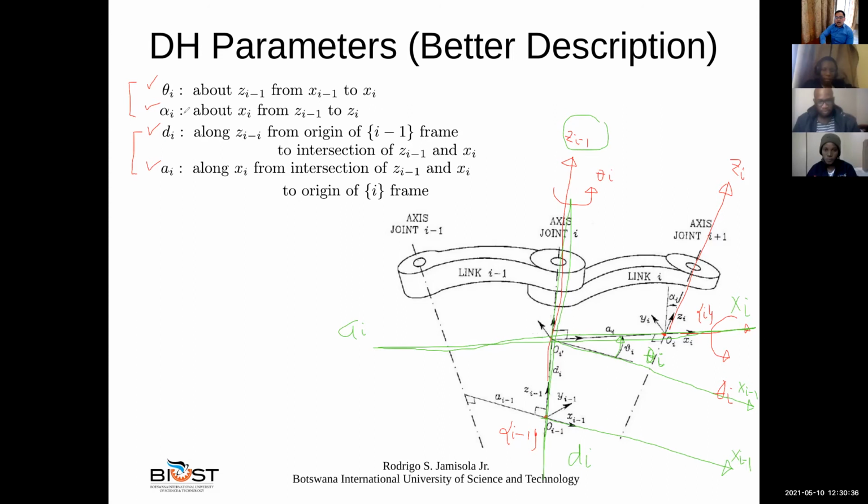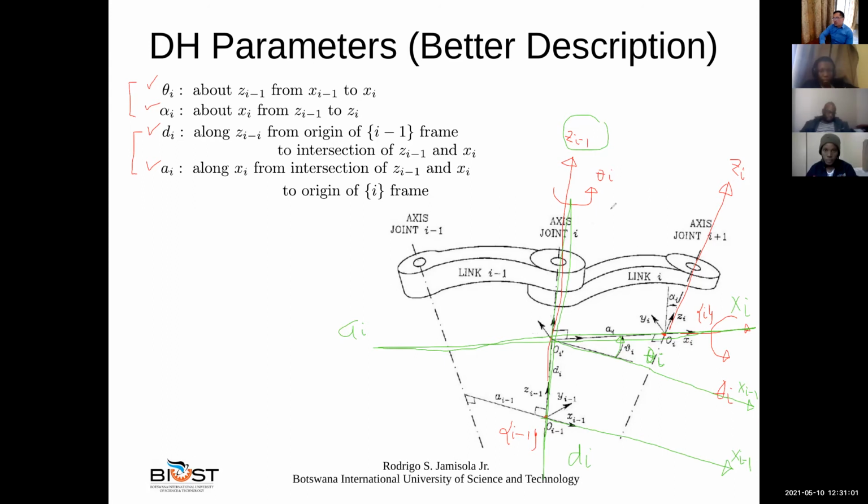Next, alpha i. Alpha i is about xi. So again, where is your xi? This is your xi, and this is the rotation about it, from zi minus 1 to zi. So where is your zi minus 1? This is your zi minus 1. To zi, where is your zi?